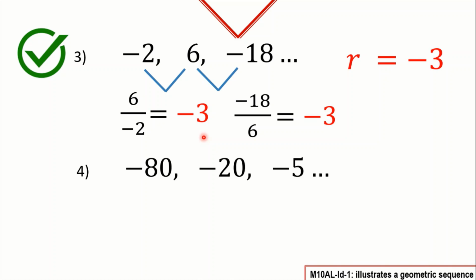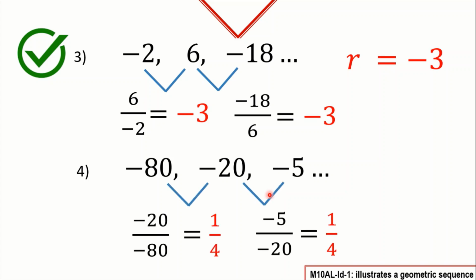Number 4, -80, -20, -5, and so on. Let us find the ratio of the second term over the first term. So, -20 divided by -80. Again, hindi natin ito pwede ma-divide ng eksakto. So, ang gagawin natin ay i-reduce natin to lowest term.